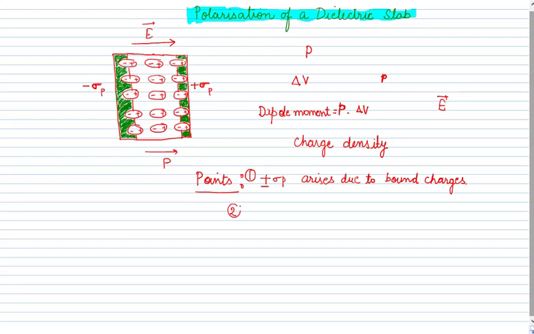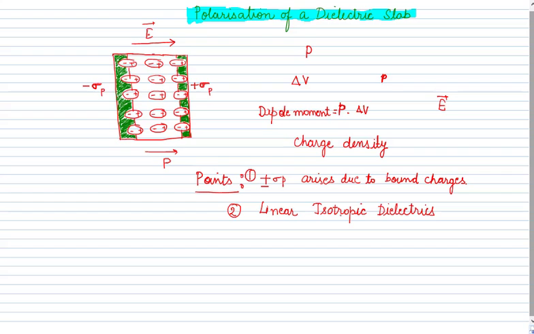The second thing is a term we should always know, and that term is linear isotropic dielectrics. We know what dielectrics are now, how they behave in the external field, and how they behave in the absence of an electric field.